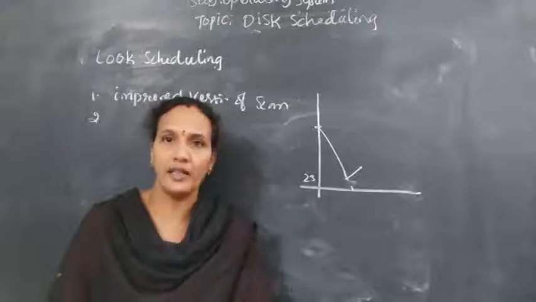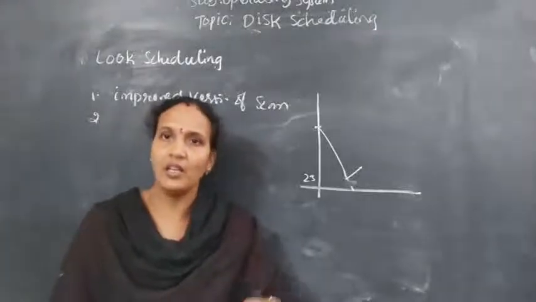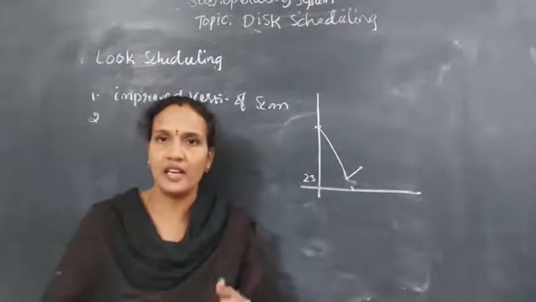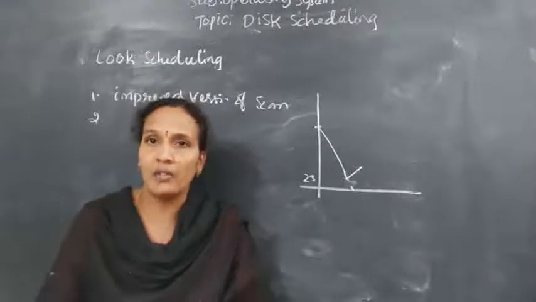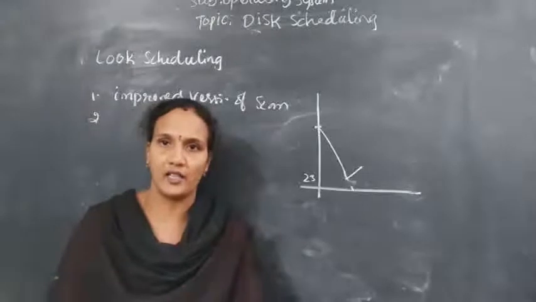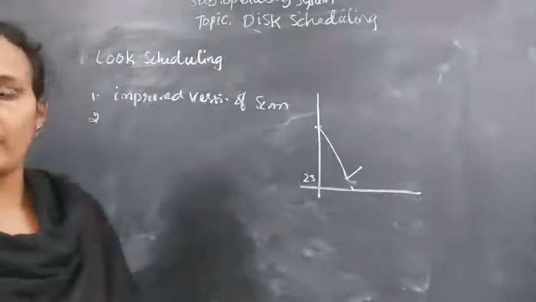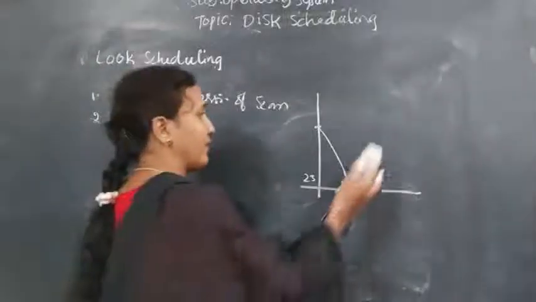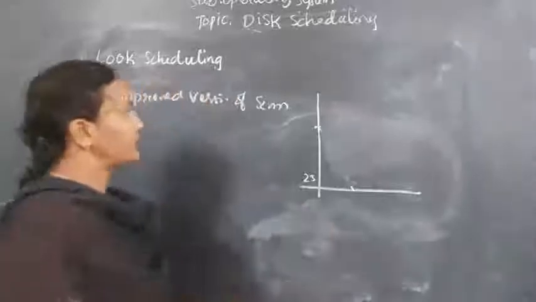If the request is there in the same direction, it will travel and provide service to that request. If there is no further request in the same direction, it will change the direction. Whatever example I have given in the previous algorithms, with the same example I will explain LOOK scheduling also.